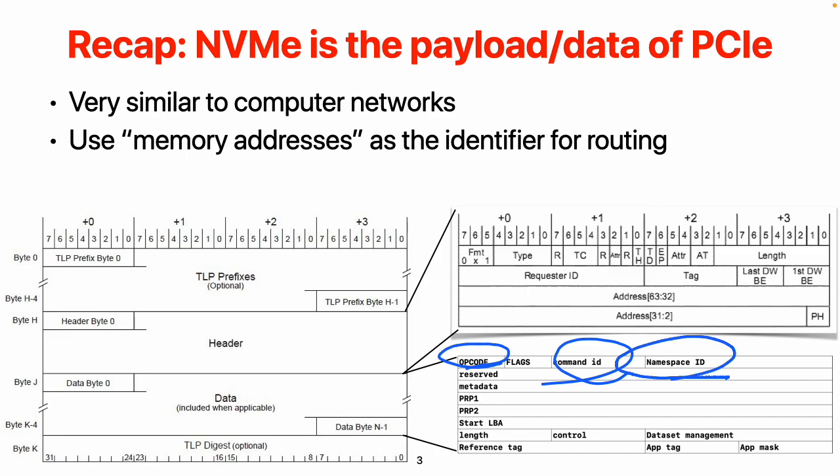And there is also a namespace ID. One thing that NVMe introduced, which doesn't exist in other systems, is the namespace concept. You can consider a namespace as a virtualized unit of hardware. The reason we want to talk about virtualization is that we are in an era where a lot of applications are based on the cloud, and a lot of the storage is aimed at providing storage for cloud services.